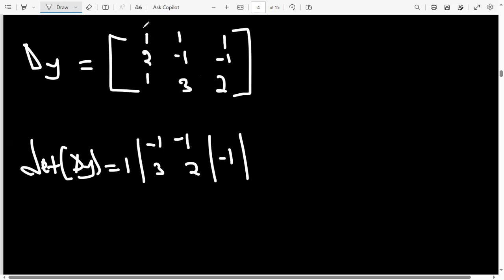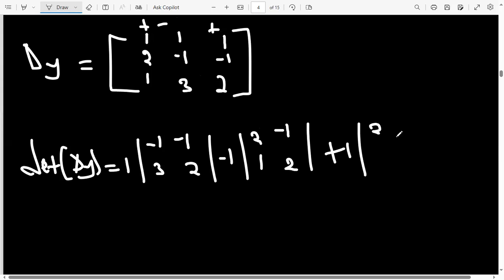Remember I have plus, minus, plus. So this is the -1 I've written here. If I cancel this column and this row, I'm going to remain with 2, 1, -1, 2, and then plus 1. If I cancel this column and this row, I'm going to remain with 2, 1, -1, 3.